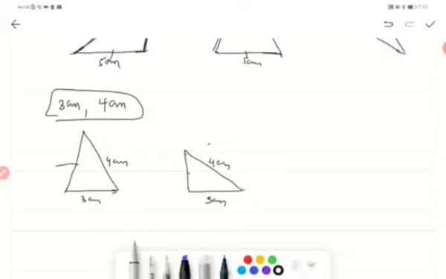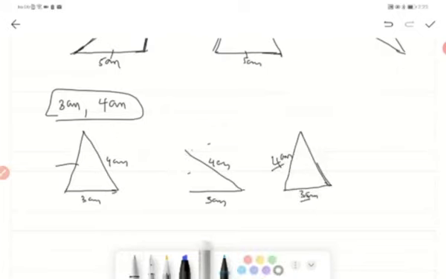If someone else is drawing, he or she may draw a different triangle, but two measurements will be the same, right? So all of us have drawn different shapes of triangles, depending on our wish, because we just know two sides of a triangle.